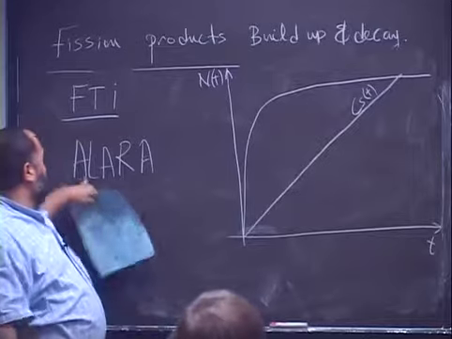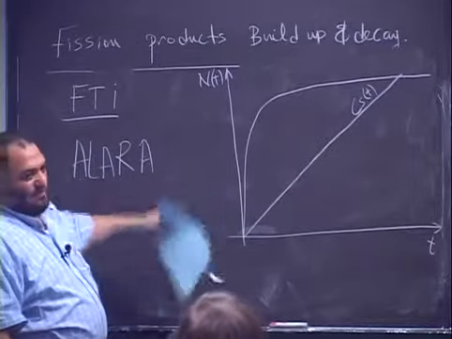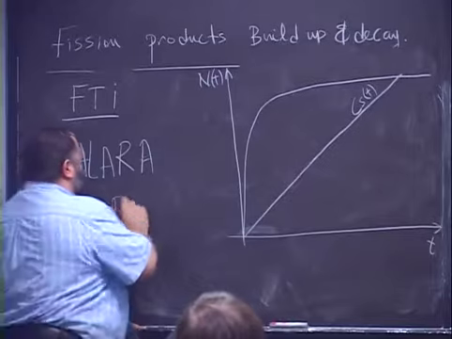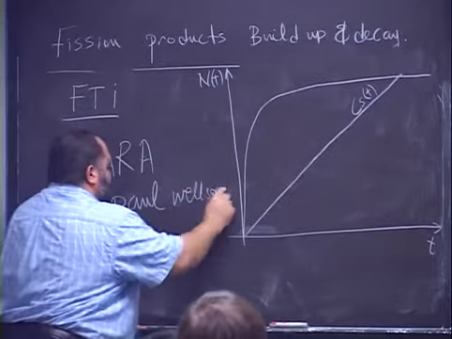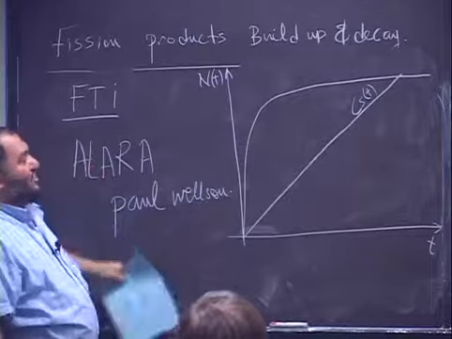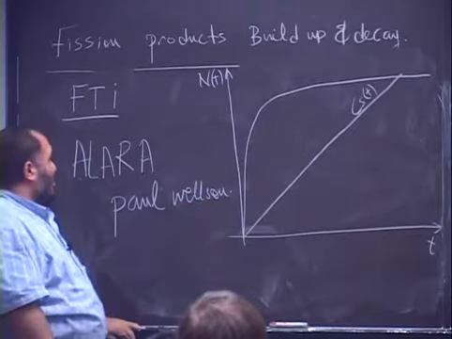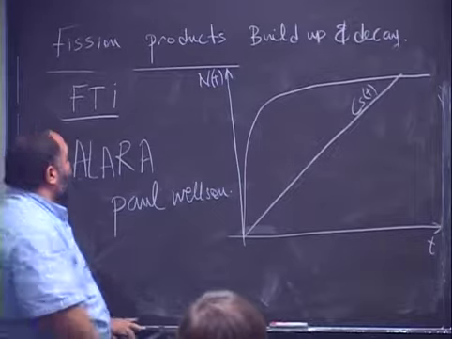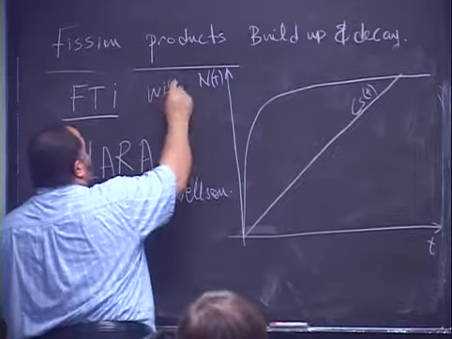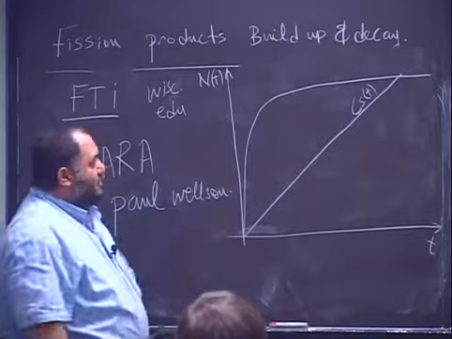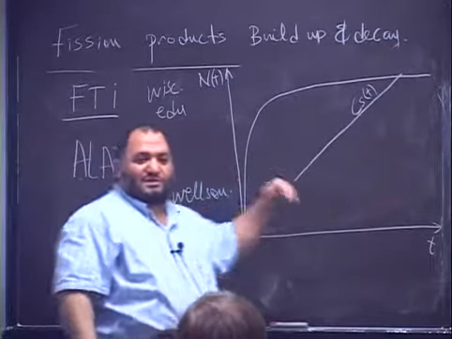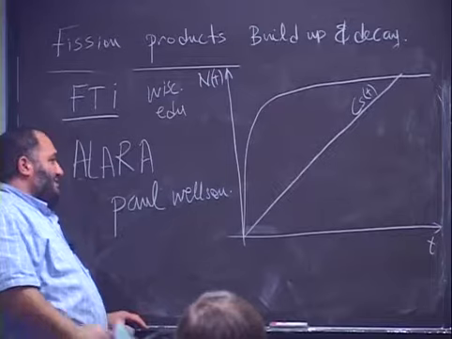This is called adaptive Laplacian and so on, and his name is Paul Wilson. If you are interested, you can look at his code and program online at the Fusion Technology Institute, at wisconsin.edu. It solves those equations, and it gives you the activation and so on.